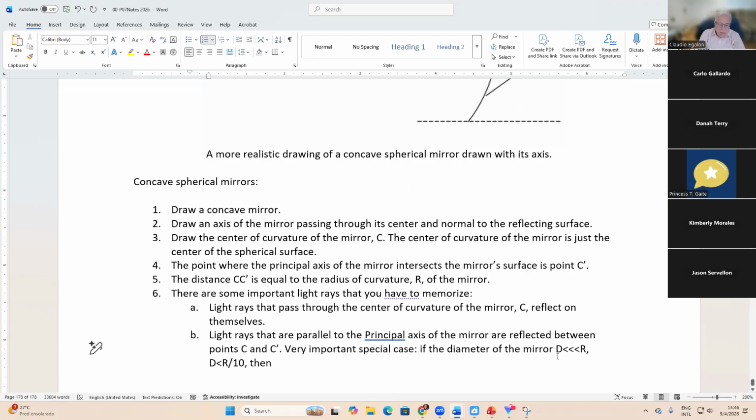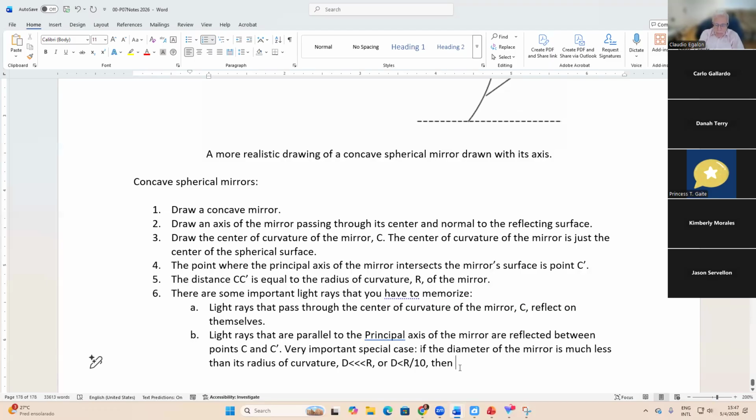To say that the diameter is much less than the radius of curvature means that the diameter should be at least less than 1/10 of the radius of the mirror.